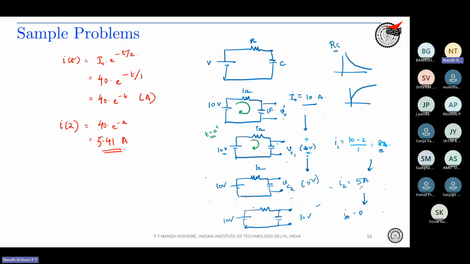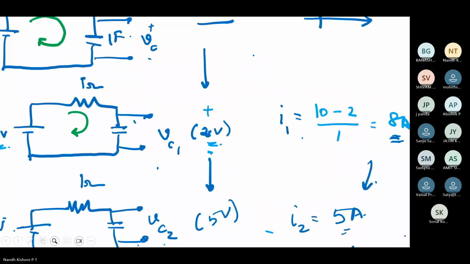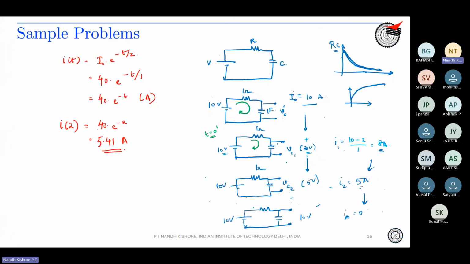The voltage across a capacitor rises up like this, so the current would be falling again exponentially, like this. Did you understand this till this point? Yes, sir. Okay. Now we will go back to our problem.